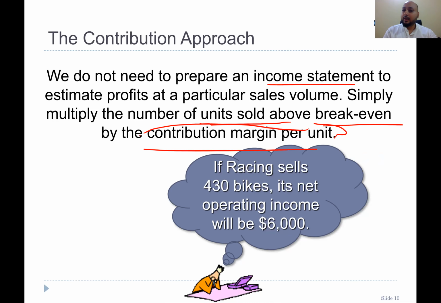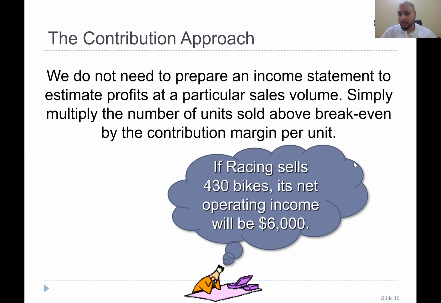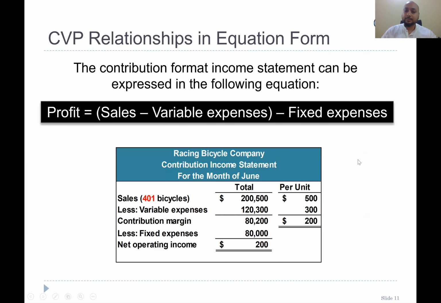So if Racing sells 430, which is above 400, how much? 30 units. Your contribution margin is 200. 6,000 will be your income, right?